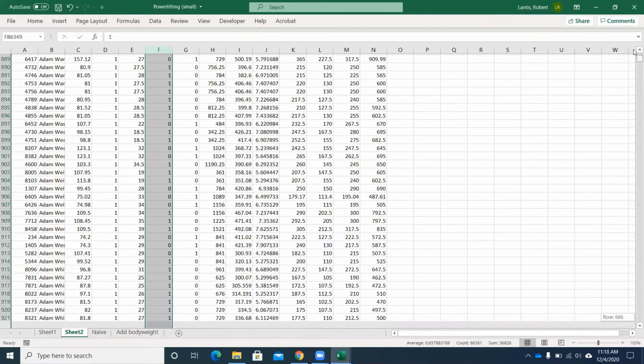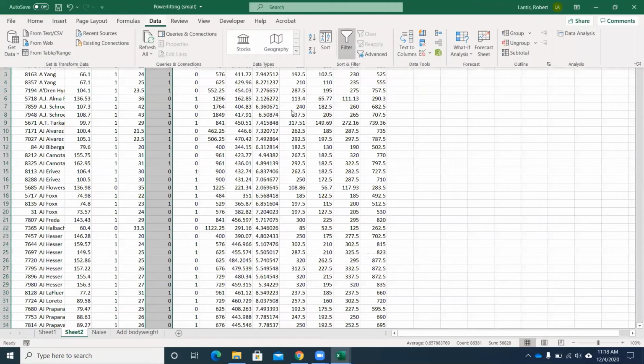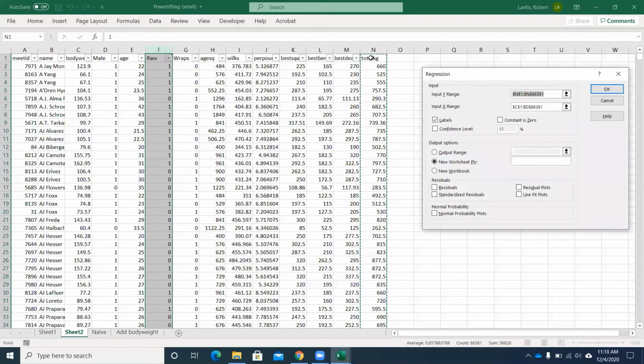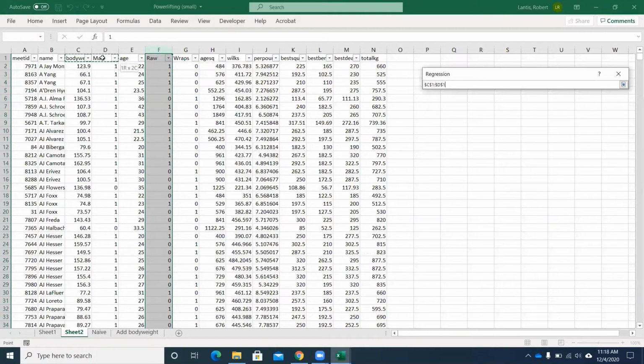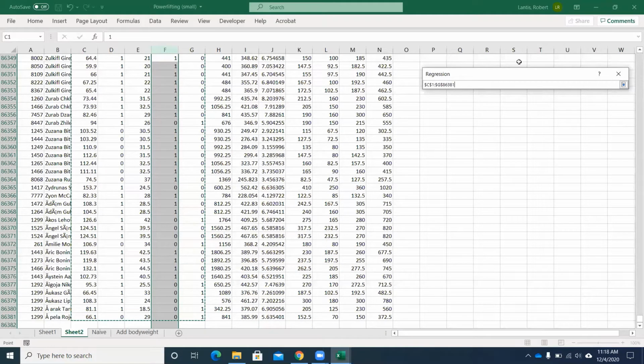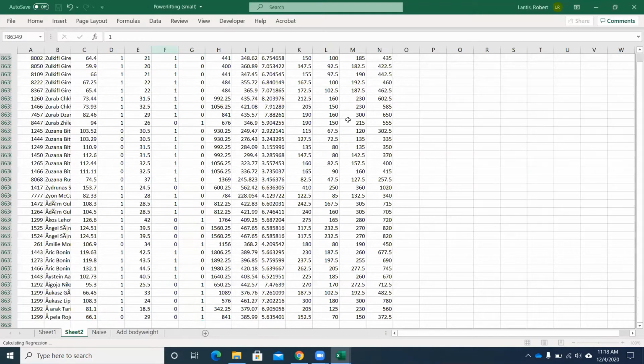If I go back to my sheet 2, data analysis, click on regression, keep using that same Y variable, but now for my X variables, I'm going to include body weight, whether or not they're male, their age, and these two variables which represent what types of equipment they could use in the meet. Those might matter, so we select all those, hit OK.